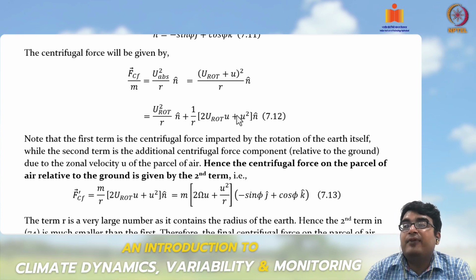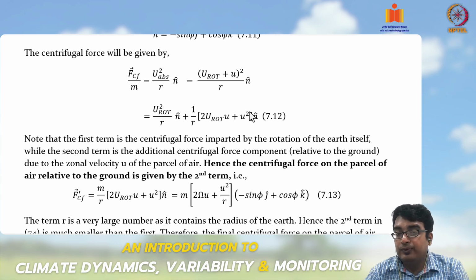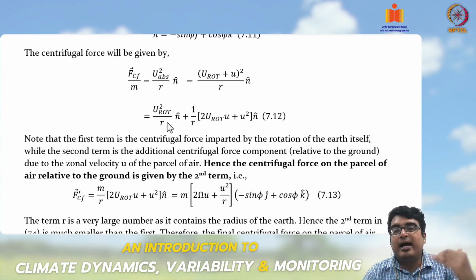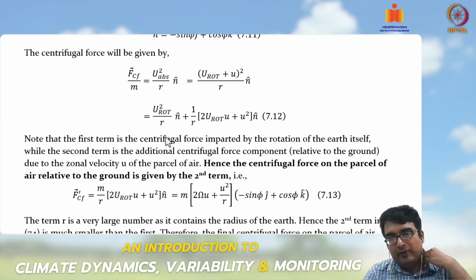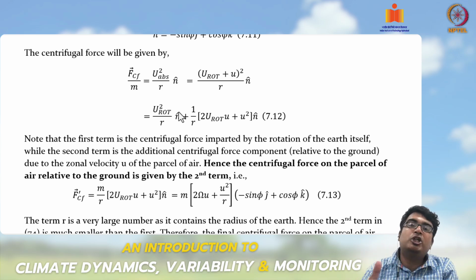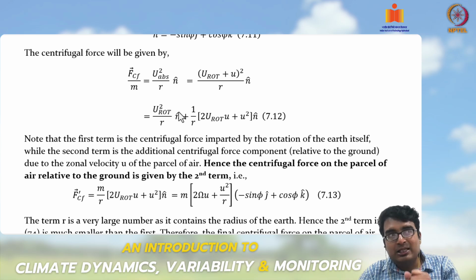So if the parcel of air was stationary, this term will go to 0, right? And this centrifugal force term has no component with either the altitude z or the zonal velocity u. So this is the centrifugal force imparted by the rotation of the earth itself. So the centrifugal force on the parcel of air relative to the ground is the second term only.